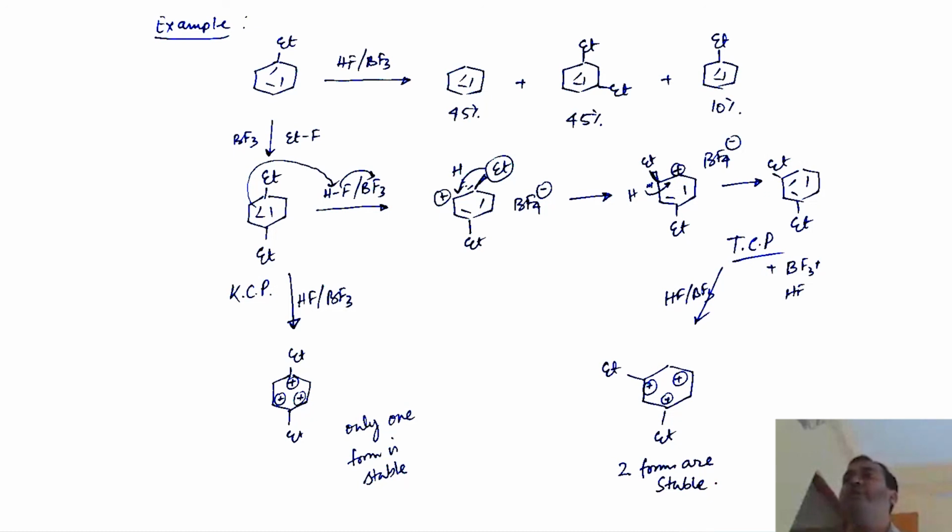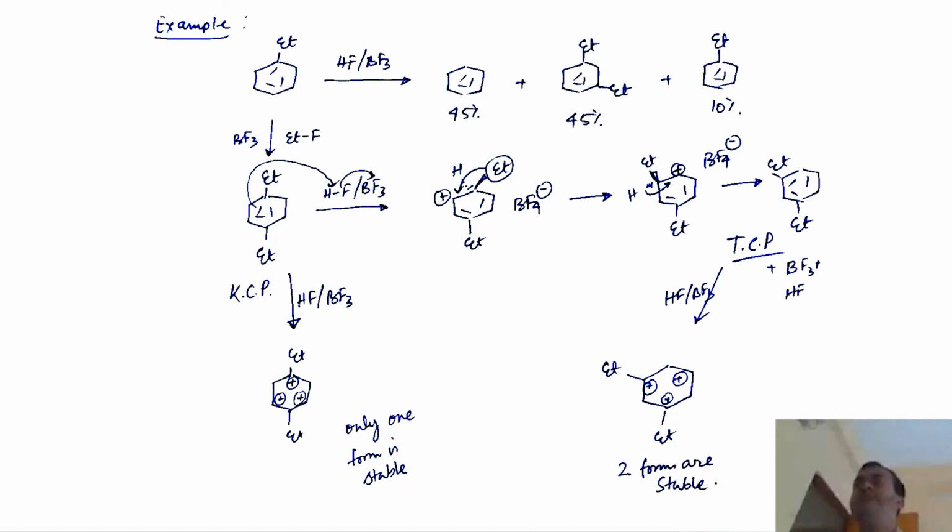So you generate this ethyl fluoride. This ethyl fluoride reacts with your starting ethyl benzene to form this para product, 1,4-diethyl benzene. So this is your kinetically controlled product.